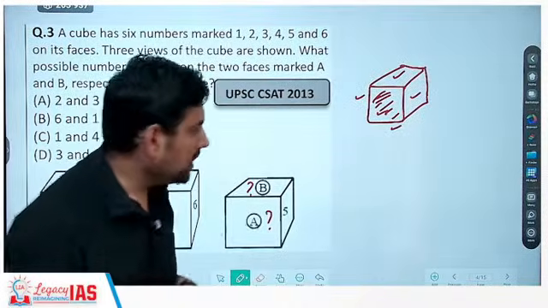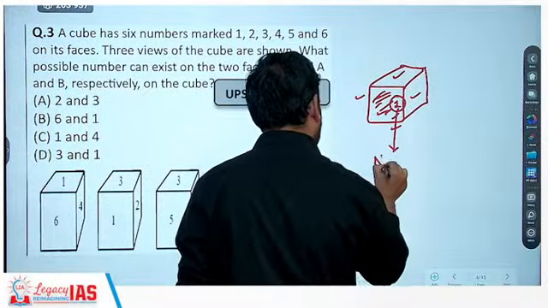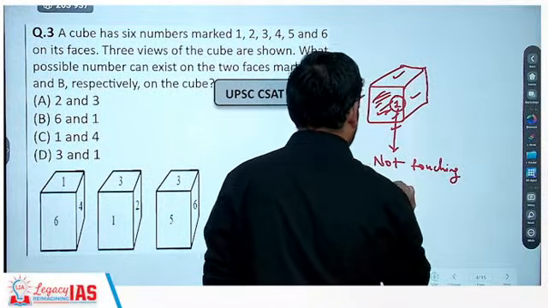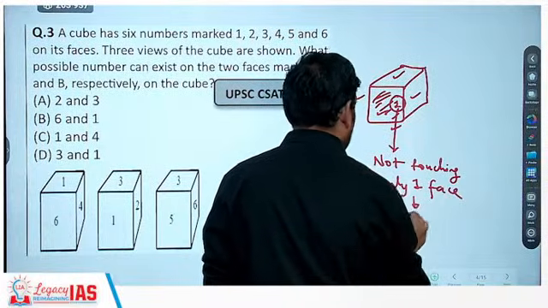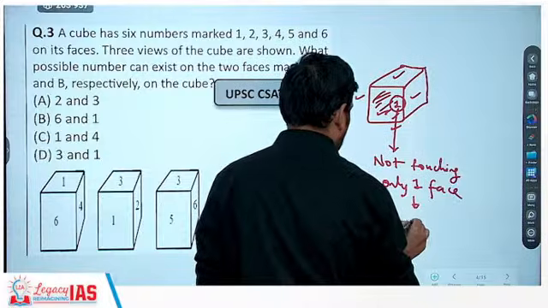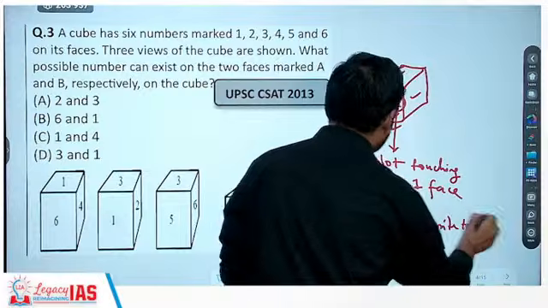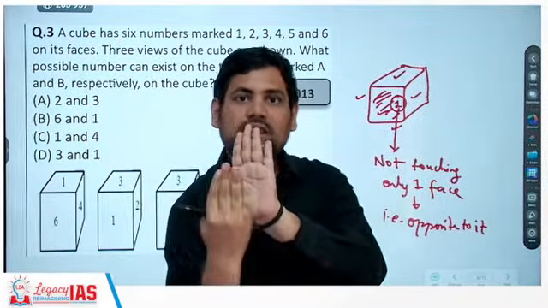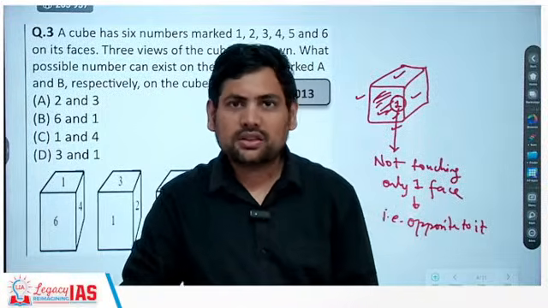Correct. So if I call this face 1, face 1 is not touching only one face. And which is that one face which it is not touching? That is the one opposite to it. Can you feel this? That one is touching all other four except for the one that is opposite to it. That is the only face that it does not touch.